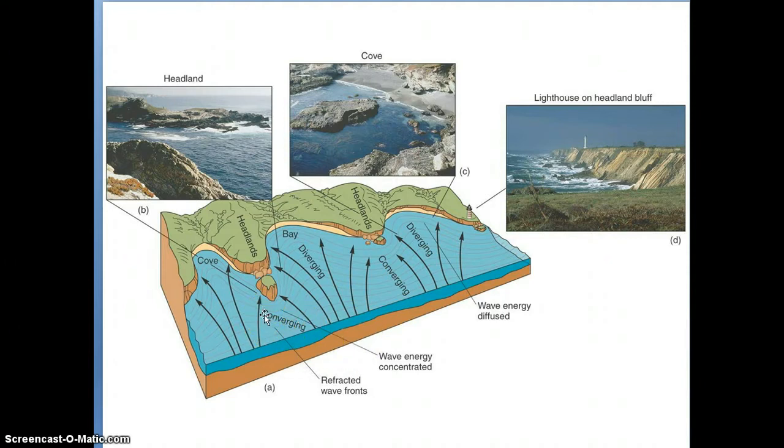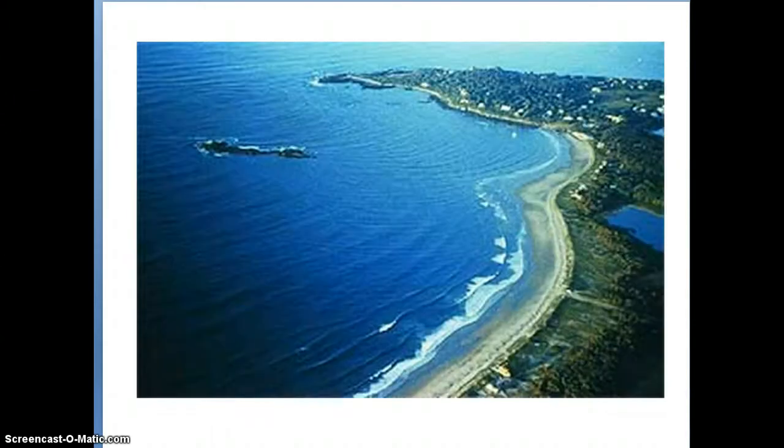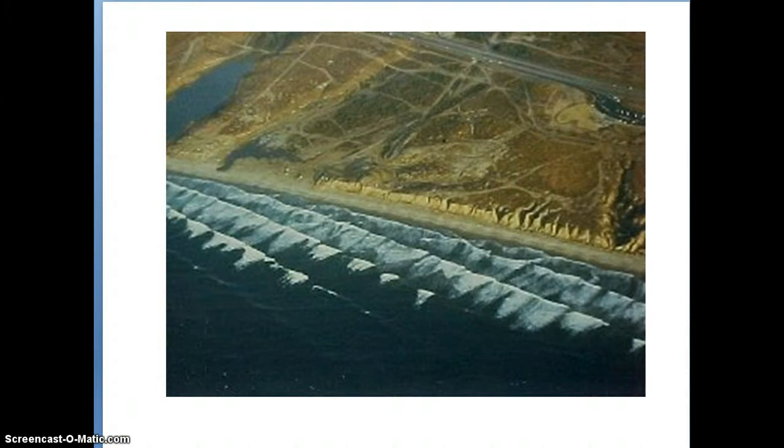What that does is create angular movement of the wave onto and off the shore. So here you can see these waves not coming in perpendicular to the shore. They've been refracted from that small headland. Here's another example of the waves coming in at an angle.